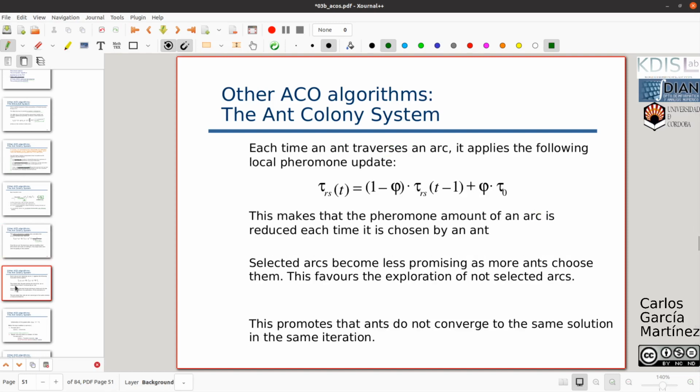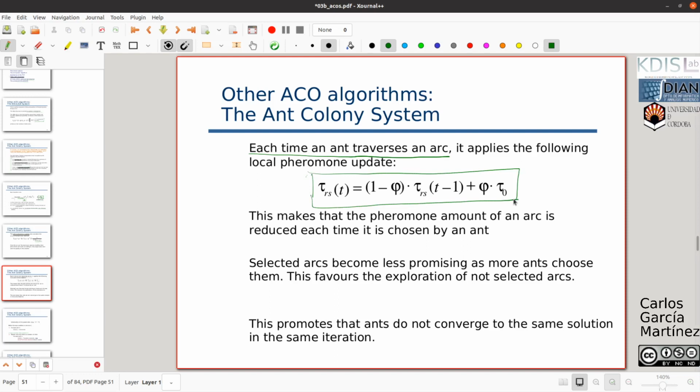And finally, the local pheromone update is this one, where every time an ant chooses an arc, traverses an arc, it applies this local pheromone update.